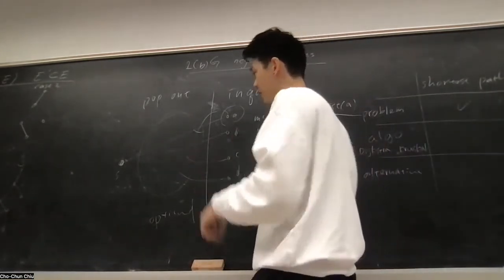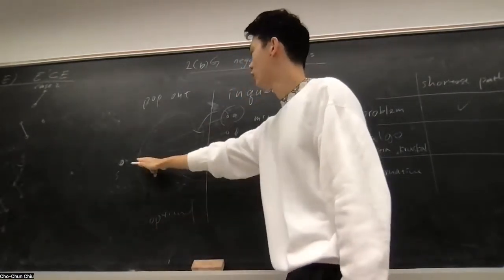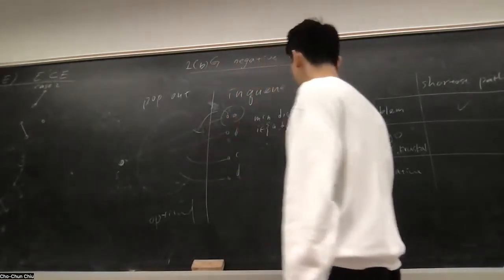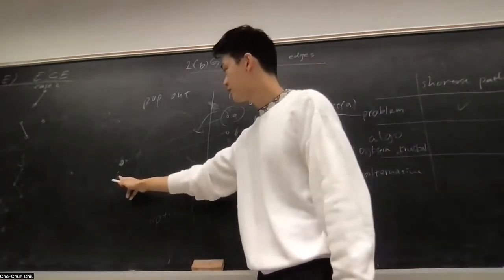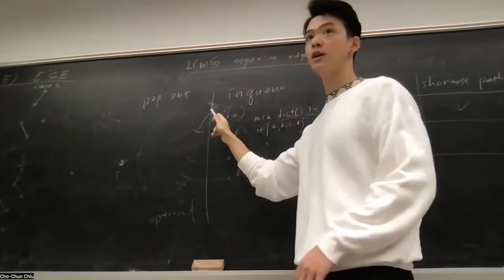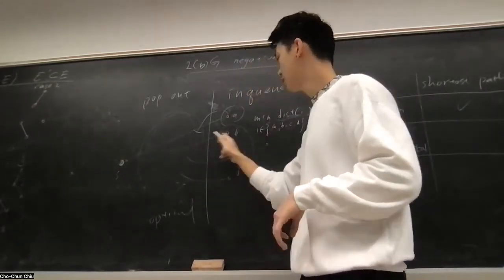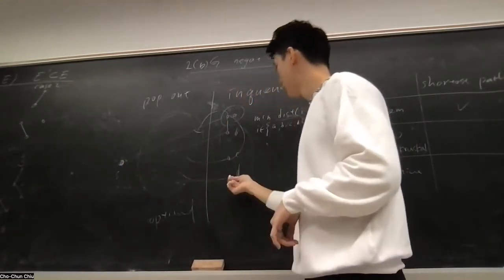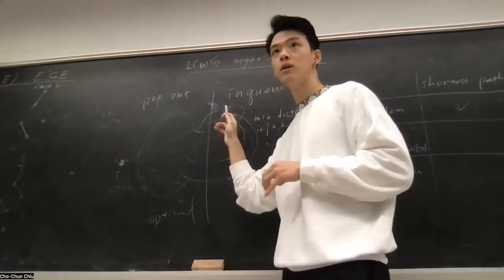Because we already know there's a path from S to A, and the distance is this, right? So if we want to go from S to A without going through those other nodes, this is already the minimum. And if we have another way, from S to B to A, from S to C to A, or from S to D to A, we know they are going to be larger than from S to A, right?